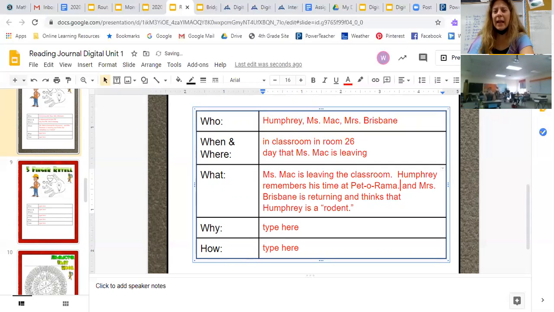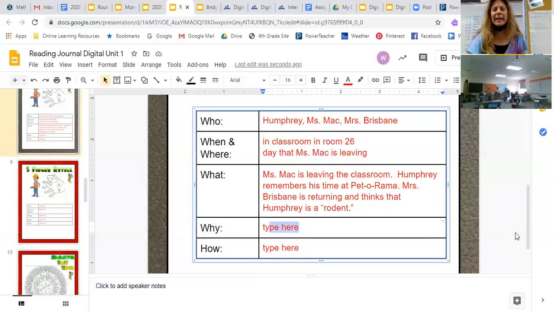And then the end is Mrs. Brisbane is returning and thinks that he is a rodent. Would you agree that that's the beginning, the middle, and the end? Give me a thumbs up if you agree. Your thumbs are really tiny in the other room.